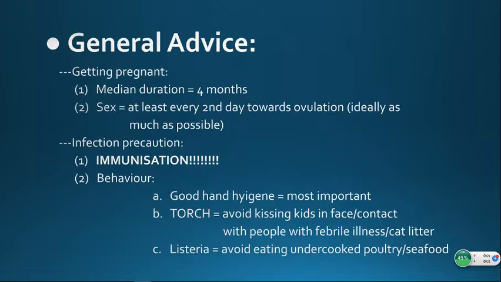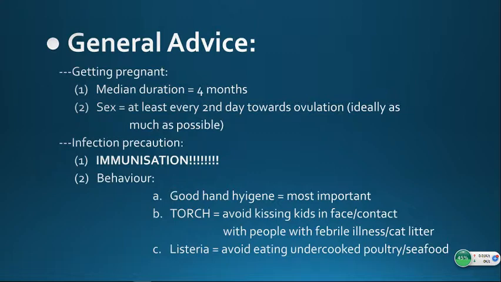And for the behavior part, the most important thing will be good hand hygiene. And for TORCH organisms, TORCH stands for T is toxoplasma, O is others, such as parvovirus, R is rubella, C is CMV, and H is herpes.